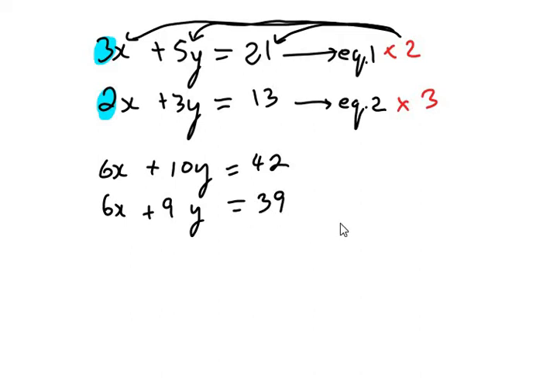Okay, and what do we do next? To eliminate them, since both of them are the same and have the same powers, you're going to have to take away. Excellent. Because these are the same terms, subtracting them will cause them to become 0.